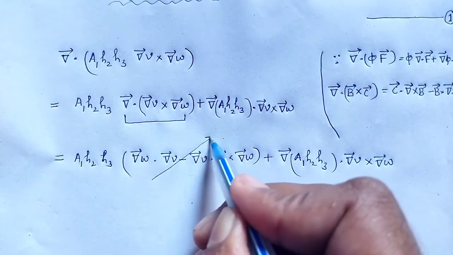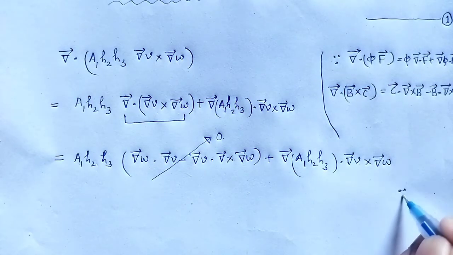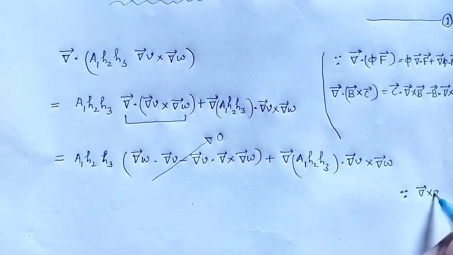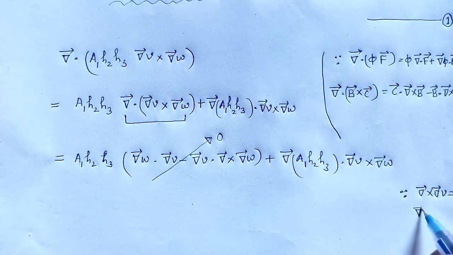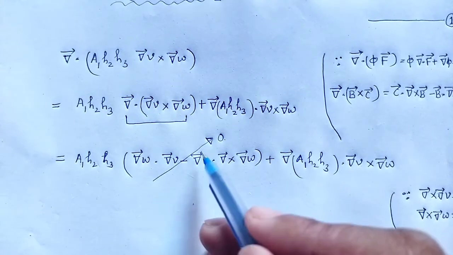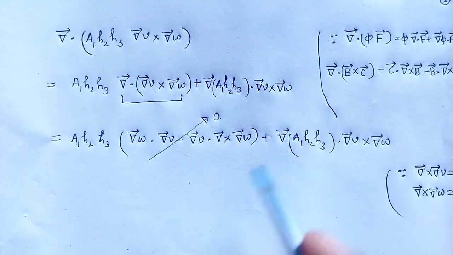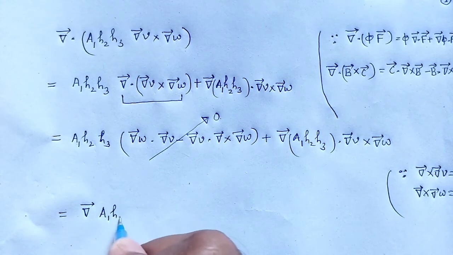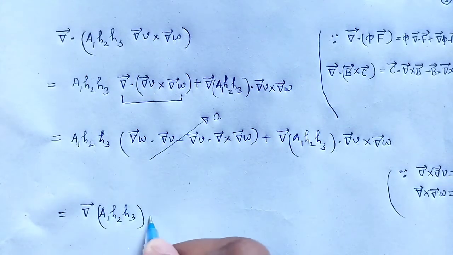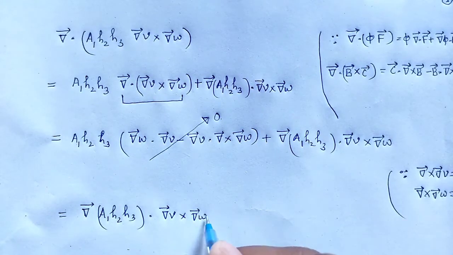The first value is 0 since grad cross grad v is equal to 0, and also grad cross grad w is equal to 0. That's why this value is equal to 0. Now we just find out grad of a1 h2 h3 dot grad v cross grad w.